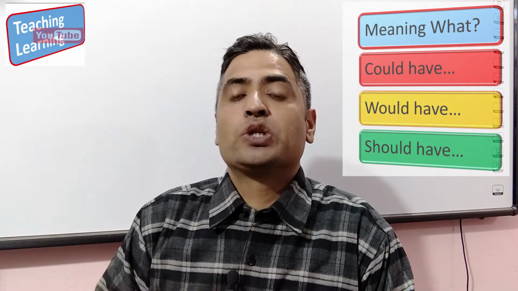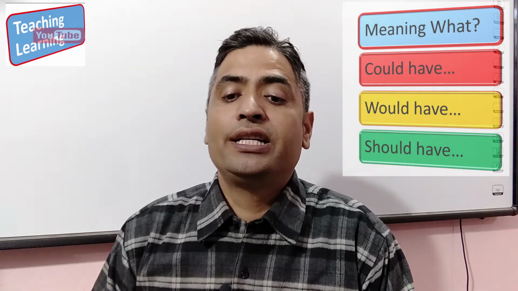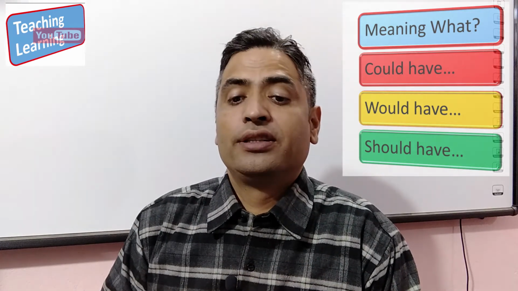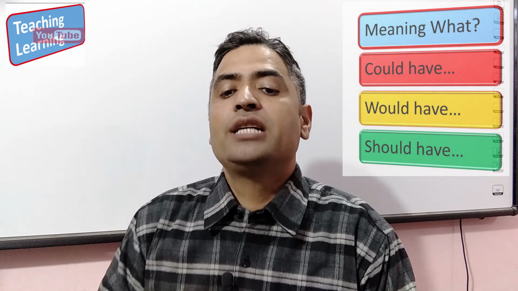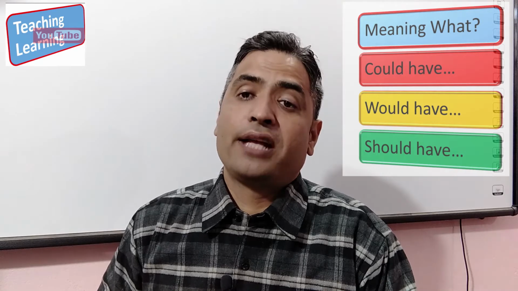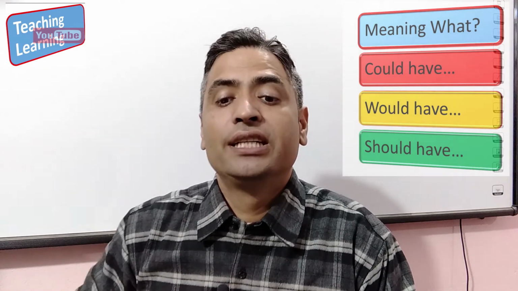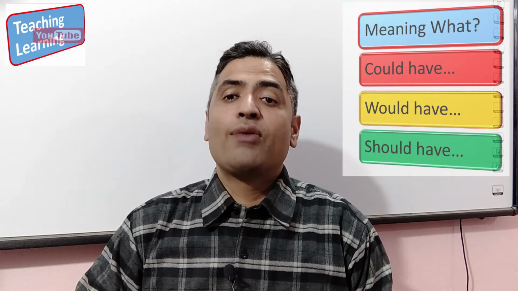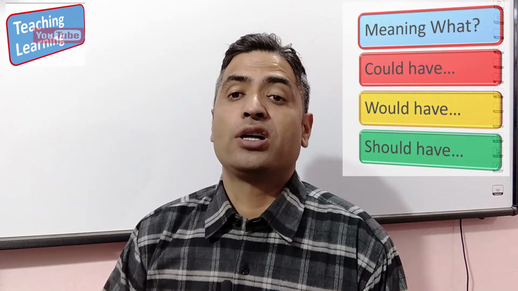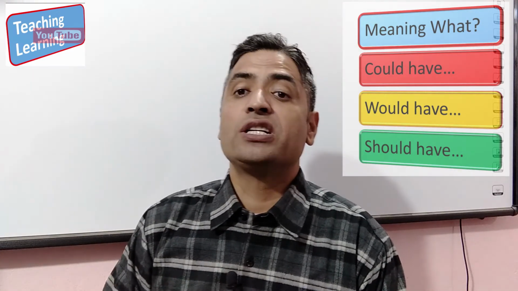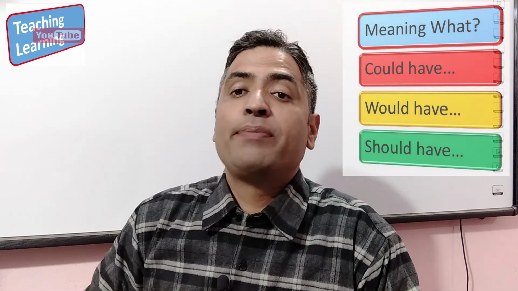Negative sentence: I couldn't have studied medicine. What does it mean? It means it was impossible in the past. There was no possibility. It was almost impossible in the past because of my academic background, my financial and family backgrounds.